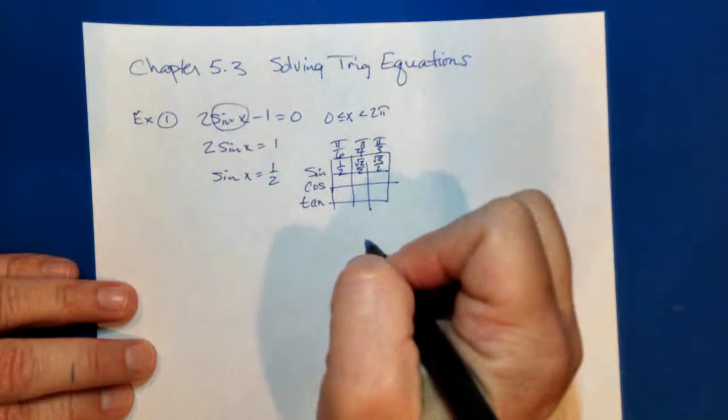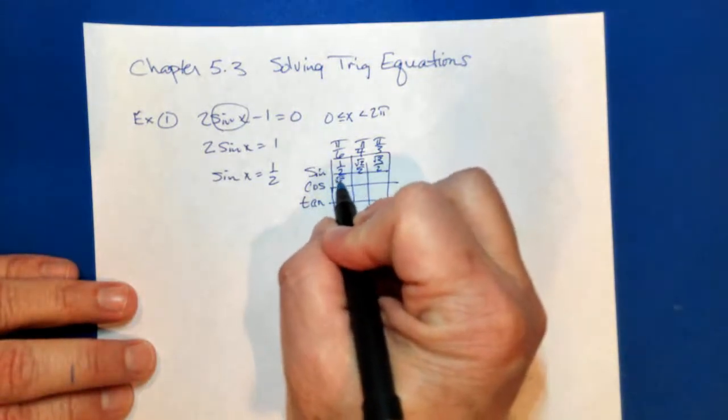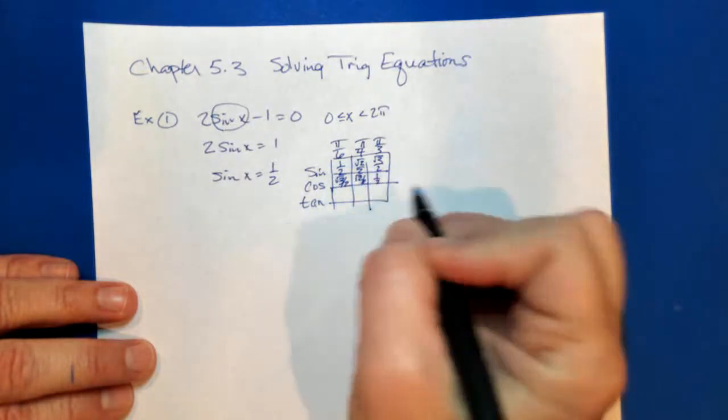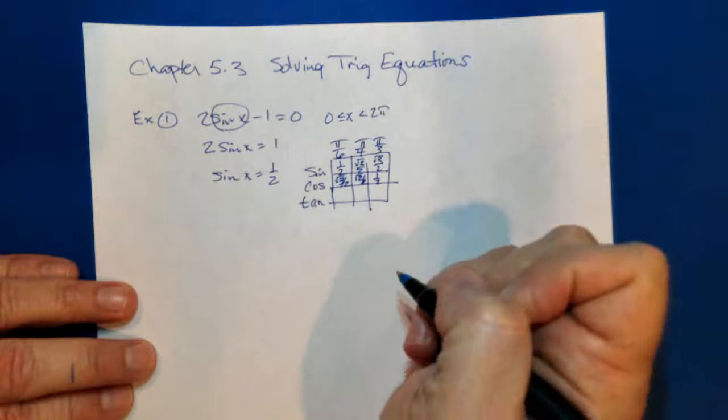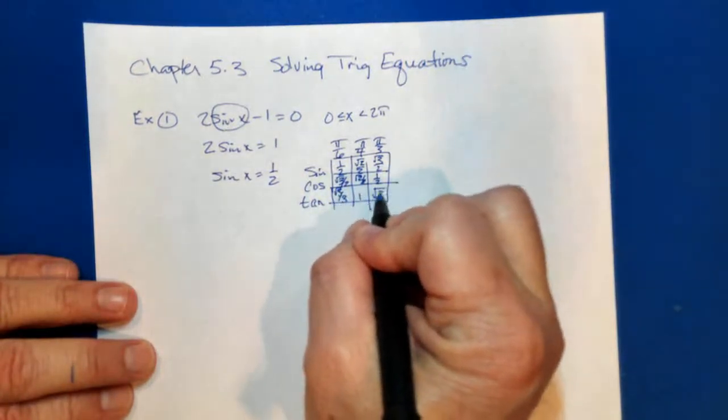Everything's over 2 and everything has a square root. So, square root of 3 over 2, square root of 2 over 2, 1/2. Again, 1, 2, 3. Then we have radical 3 over 3, 1, and square root of 3.